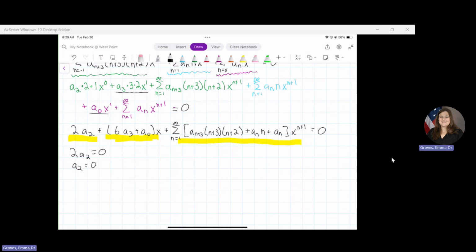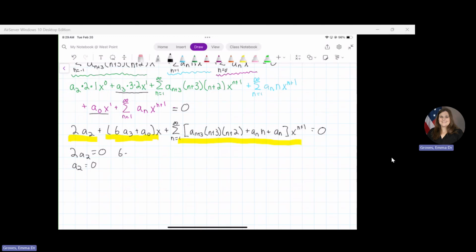Now let's look at my linear term. I don't have an x to the first on the right. So what does my linear term have to equal as well? 0, right? Because I have a 0x to the one on the right. I just don't write it.